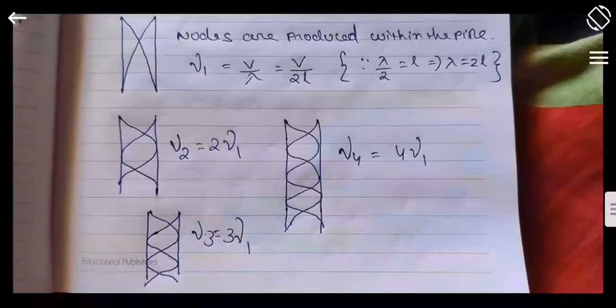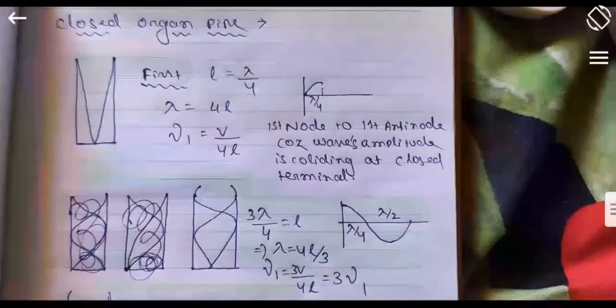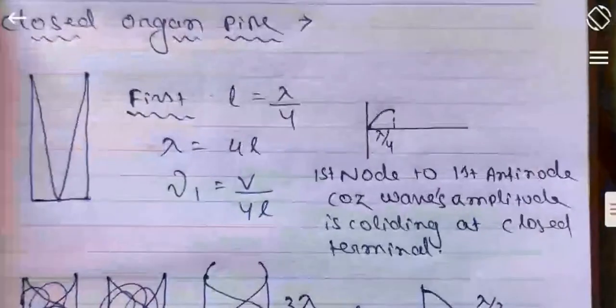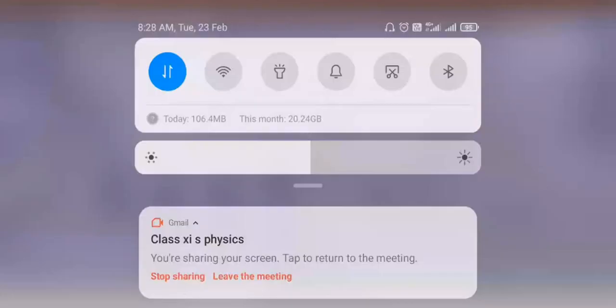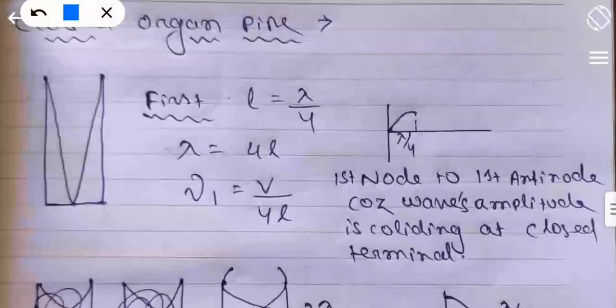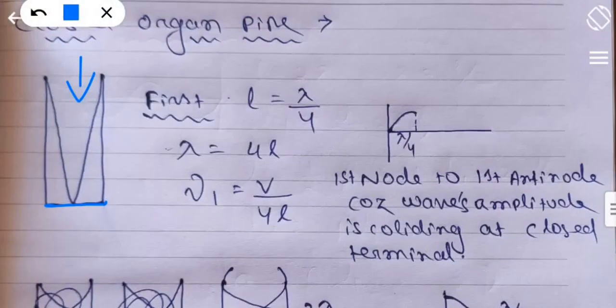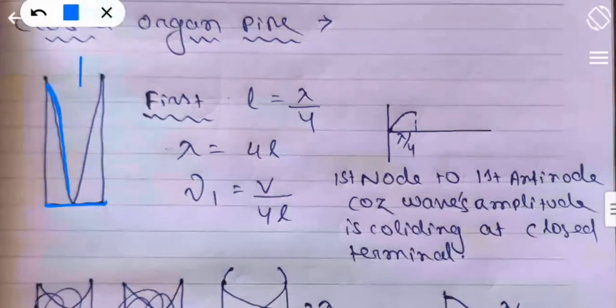Now for a closed organ pipe, remember always, let me tell you only the one thing. For a closed organ pipe, a complete wave is not going to be produced, because one side of it is closed, since you are going to blow the air from this side, or insert the sound from this side. So only 1/4 of the wave is going to be produced.